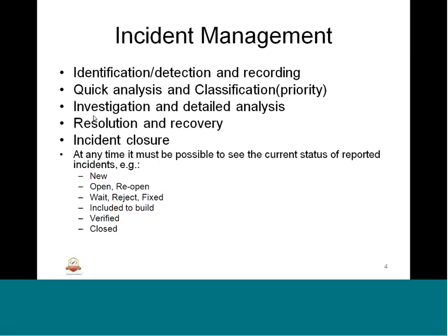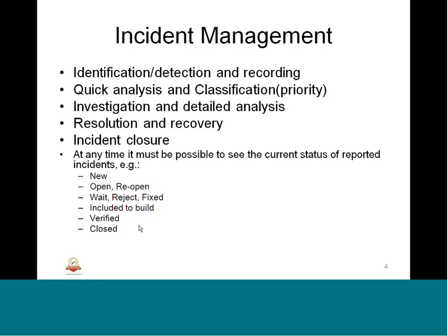We investigate what the cause is and where the problem was before the incident happened, and we put a mechanism in place for recovery: whether we can fix the code, fix the design or requirements, or the test approach itself is wrong. All this is part of resolution and recovery. Then there are different stages of incidents: new, open, wait, rejected, included into the build, verified, closed, etc.